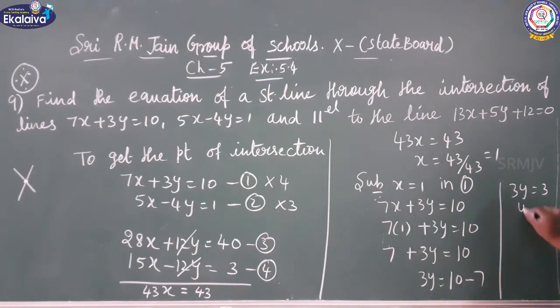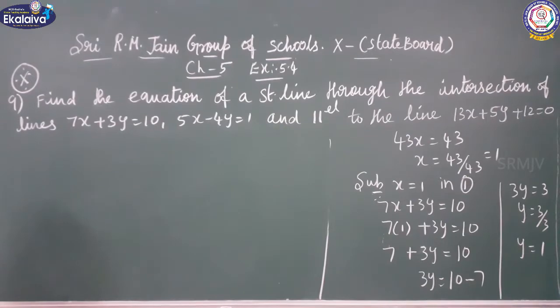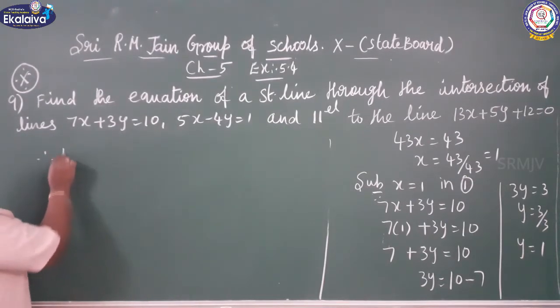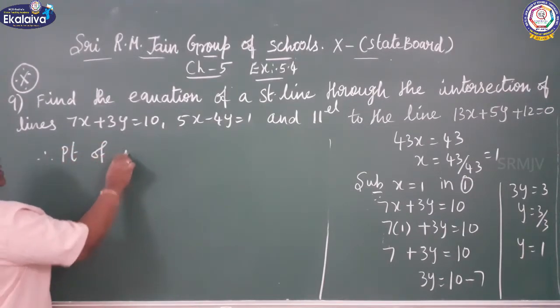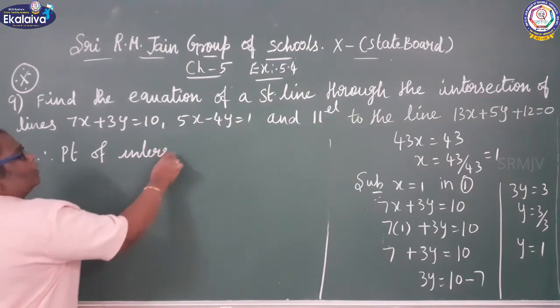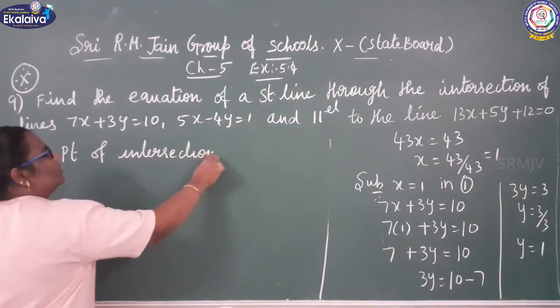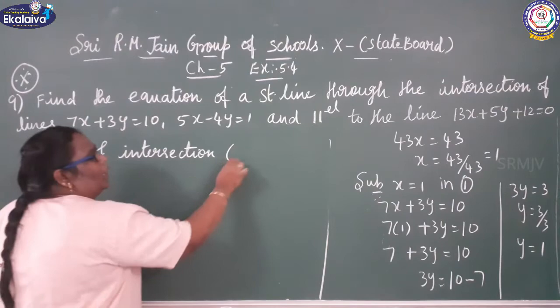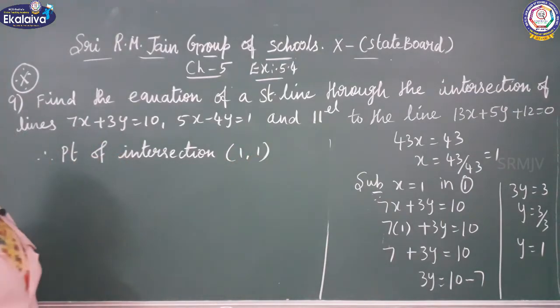What is the value of y? y equal to 3 by 3, so y equal to 1. The point of intersection is 1 comma 1.